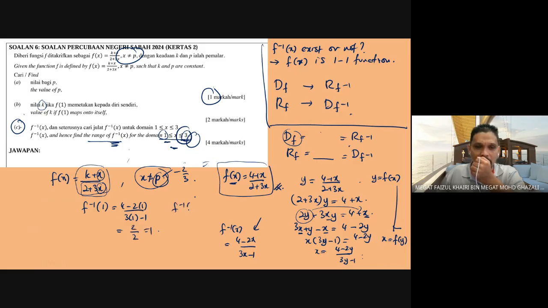So f inverse, substitute x equal to 3: 3 times 2 equal to 6, 4 minus 6 equal to negative 2. 3 times 3 equal to 9 minus 1 is 8. Then it is negative 1 over 4. So the range is between 1 until negative 1 over 4.